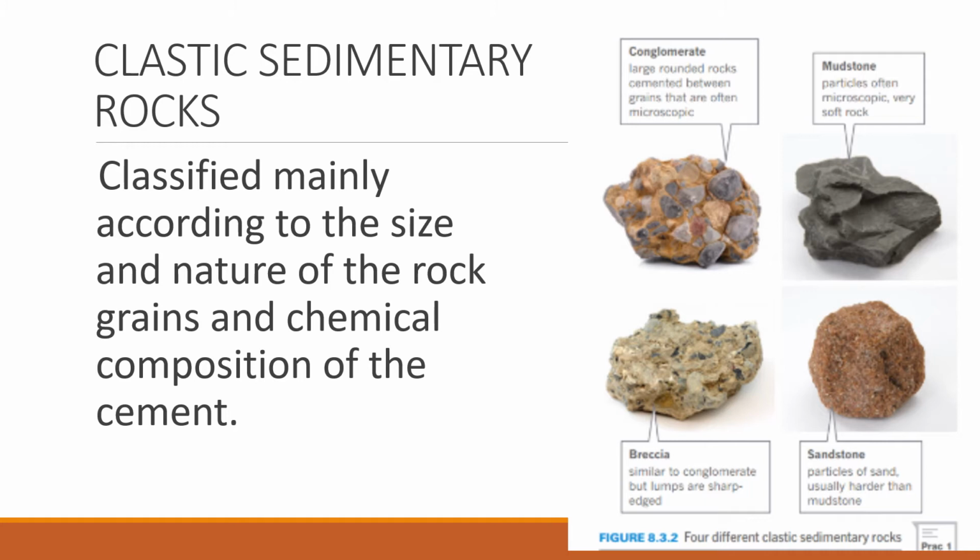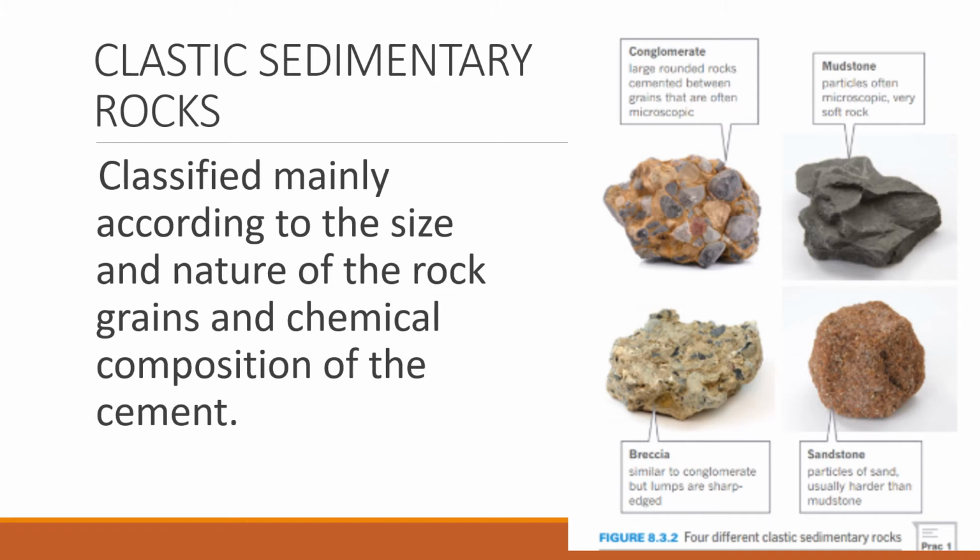Breccia, similar to conglomerate, but lumps are sharp edged. So it's got a very distinct edge to it, like it's been broken off. Sandstone is particles of sand, usually harder than mudstone. Okay, so there's the 4 different types of clastic sedimentary rocks.